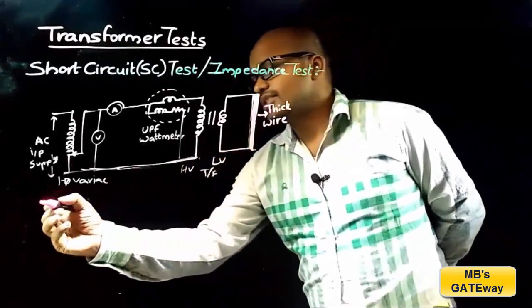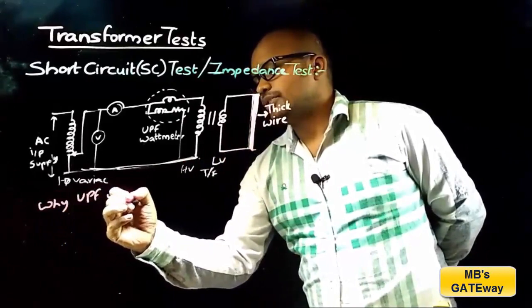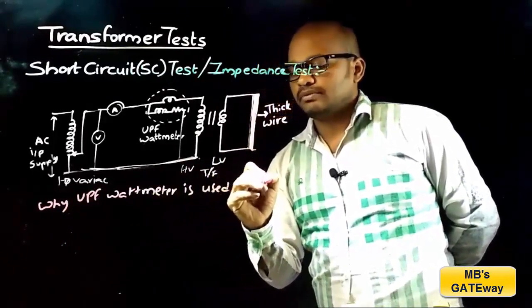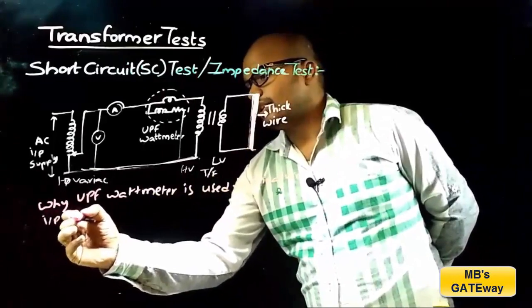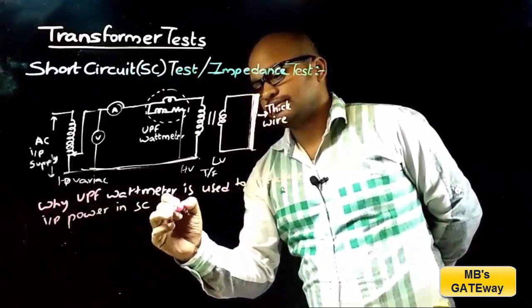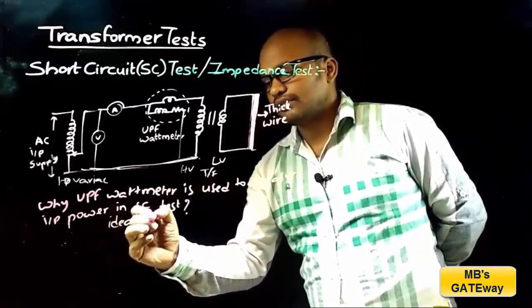And now let's discuss why a UPF wattmeter is used to measure input power in the short circuit test. To understand that, let's recall the concept of the ideal transformer.